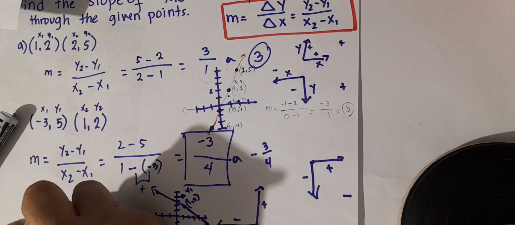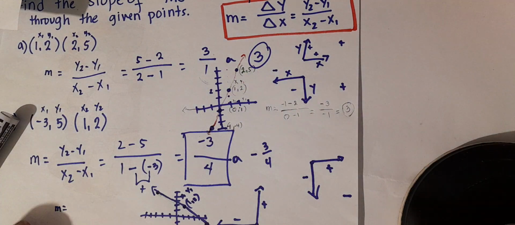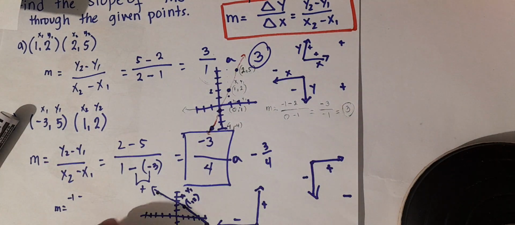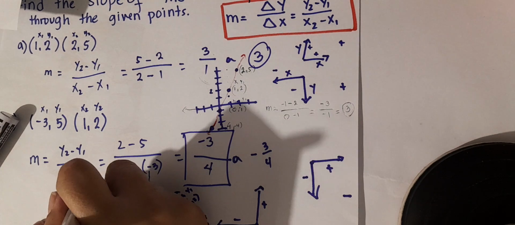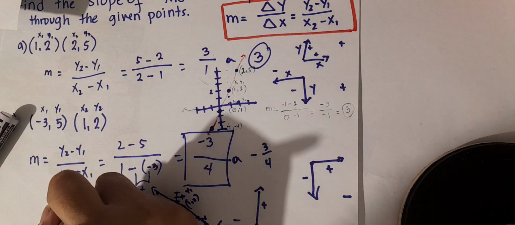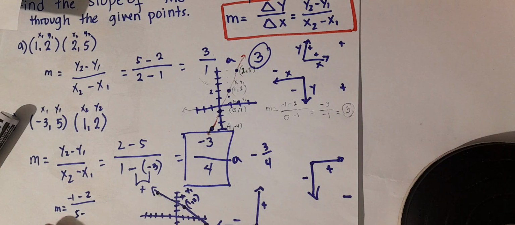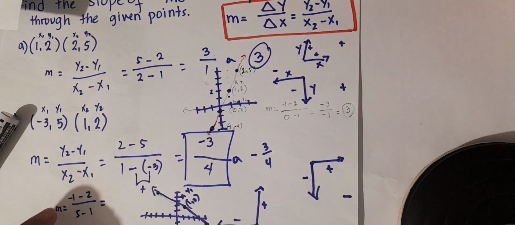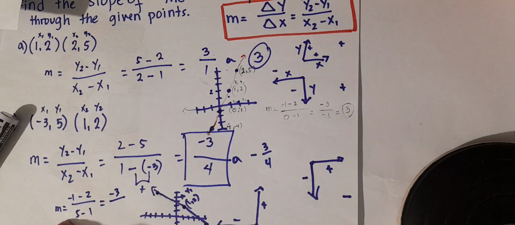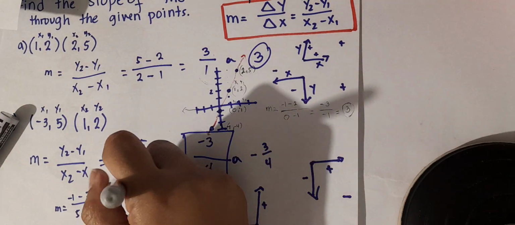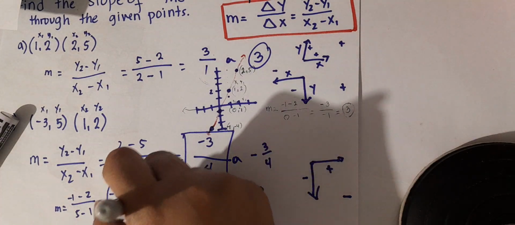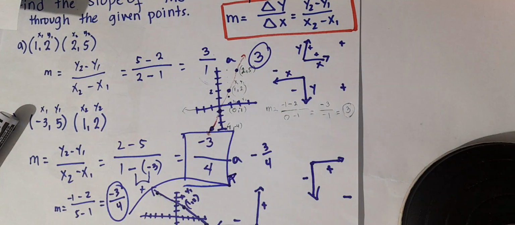So slope here, y2 will be negative 1 minus 2 over x2 will be 5 minus 1. Doing that, negative 1 minus 2 will be negative 3 over 5 minus 1 will be 4. So it's still negative 3 over 4, which is the same as this one.